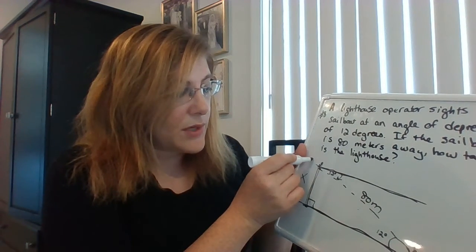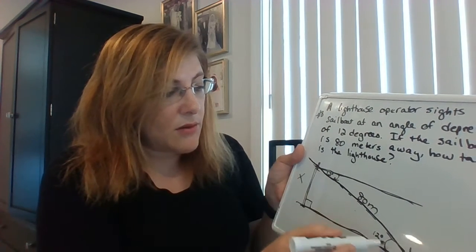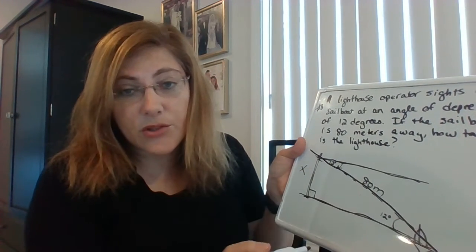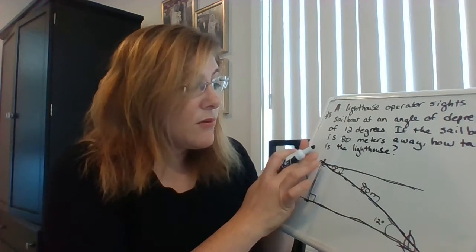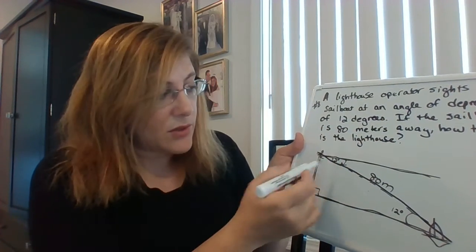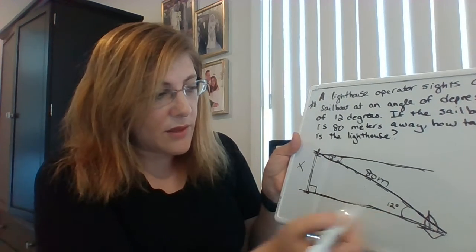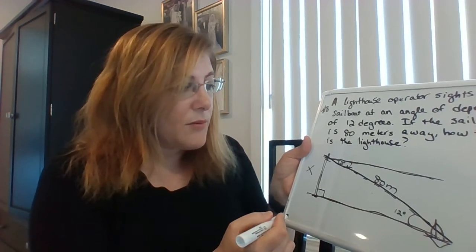They're cut by a transversal, which is right there. And these make alternate interior angles, which are the same. So then we can do our problem because we see our angle of depression of 12 degrees, which is also an alternate interior angle with this. Now we can do our problem.